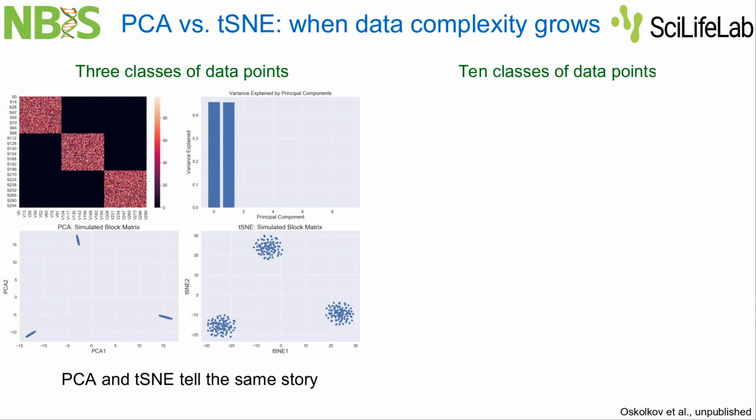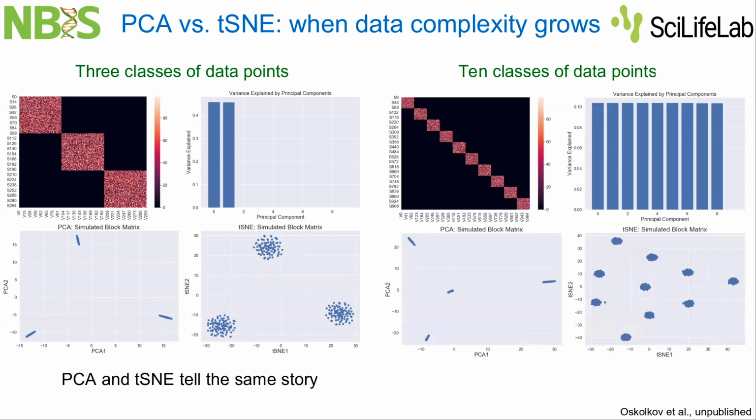But the situation becomes very different if you increase the complexity of the data, for example, the number of populations. If you look at 10 simulated populations, then TSNE can resolve all 10 of them very well. And this is not the case for PCA.